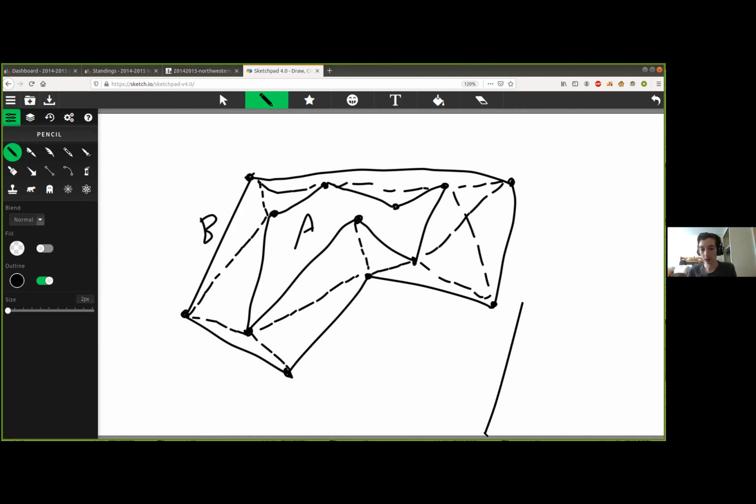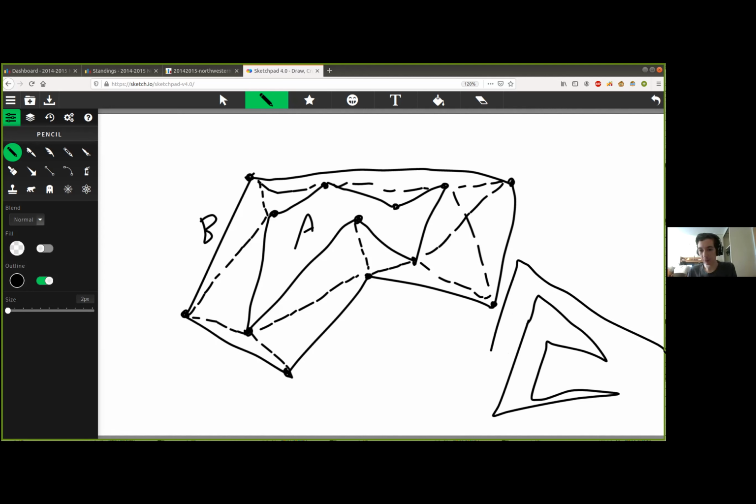Let's say this was our polygon, let's say this was A. We might imagine B does something strange. They could intersect in really strange ways, wrap around each other, and it's not as simple as it intersects at a point and then we visit that point.